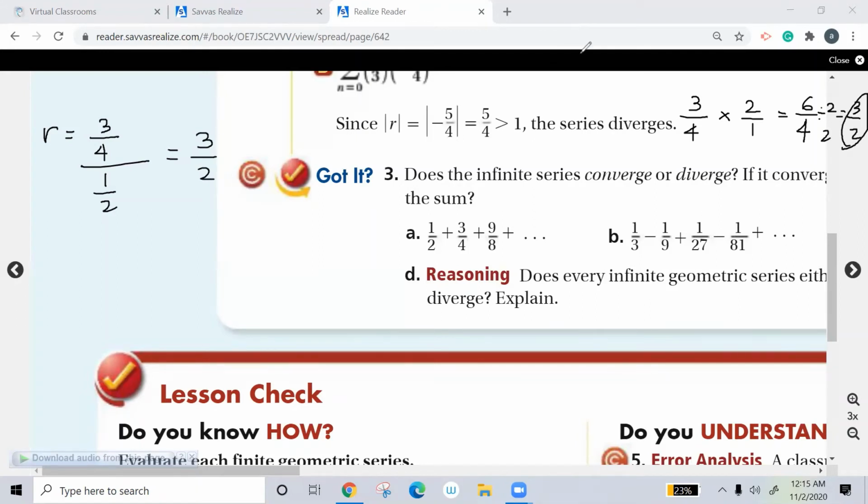Since the absolute value of 3 over 2 is greater than 1, it means this series diverges. If it diverges, we don't need to find the sum. This is for letter A.